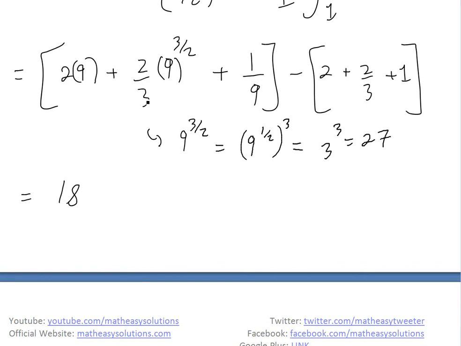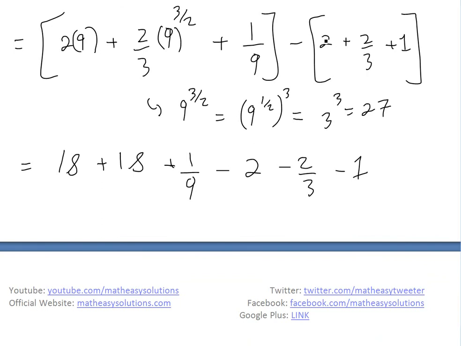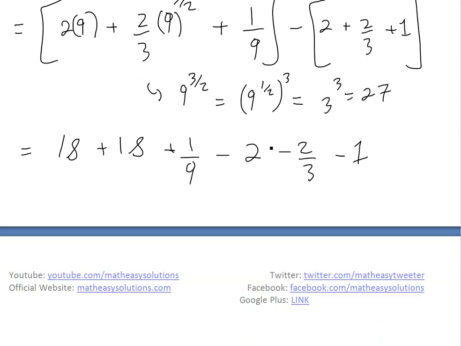So if we plug that in here, 27 divided by 3 is just 9. 9 times 2 is 18 here. So this is going to be plus 18, then plus 1 over 9, then subtract this by whatever this one here is. Or just put the negatives out in every single one. So we have something like this.